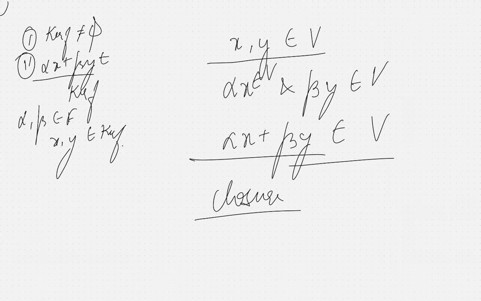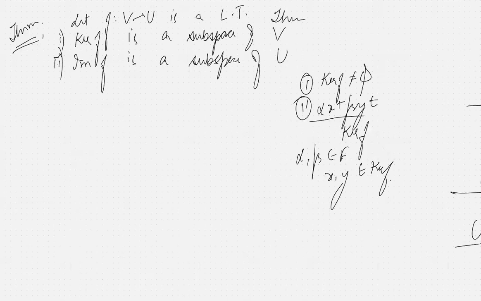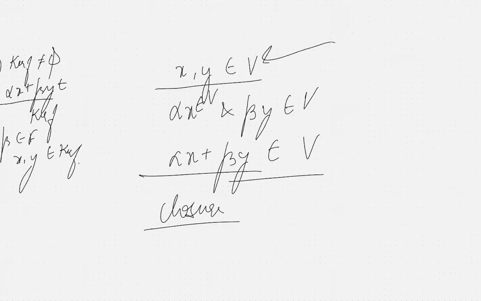See, if V is a vector space, then this condition exists: if I have two elements, then the linear combination with scalars from the field F belongs to V.